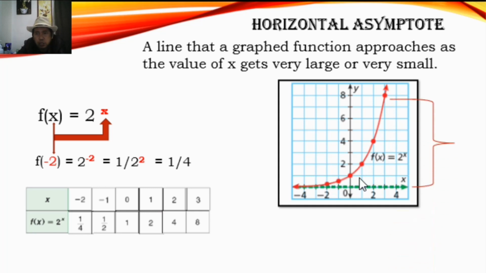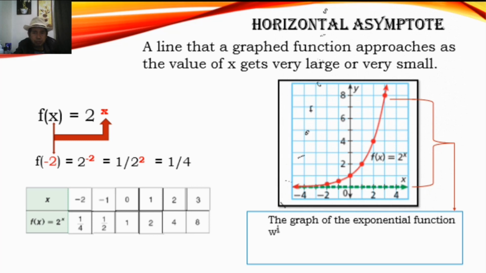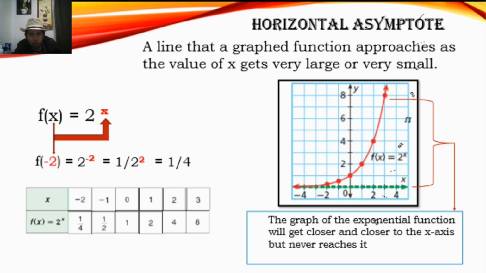So that is the graph of the exponential function, which gets closer and closer to the x but never reaches it, because f of x is equal to 2 raised to x will never result to 0. That is the very reason that the horizontal asymptote and the graph will never touch each other.